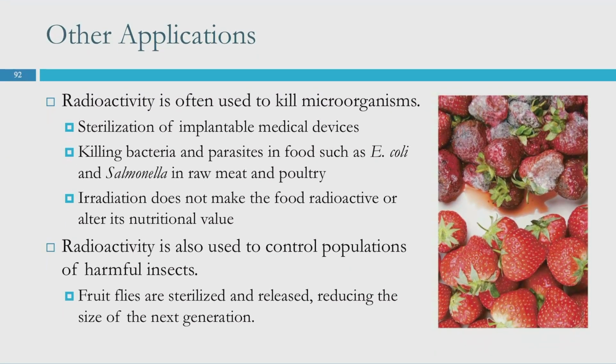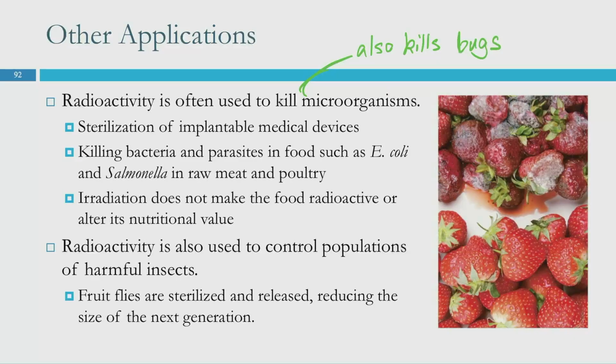The other way that we can use radioactivity is to kill microorganisms, not just microorganisms. It can also be used to kill bugs. We don't really use that in the US because people are scared of radioactivity. In the EU, they use this more than us. So you can use it for things like sterilizing implantable medical devices.